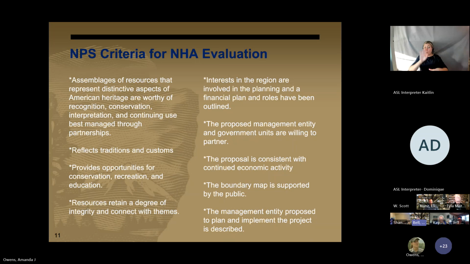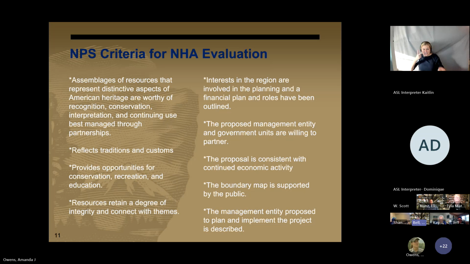Again, we're looking for assemblages of resources that represent a distinct story in the area, resources that are worthy of recognition, conservation and interpretation. And they have to have integrity. There has to be something to see and feel and do there.